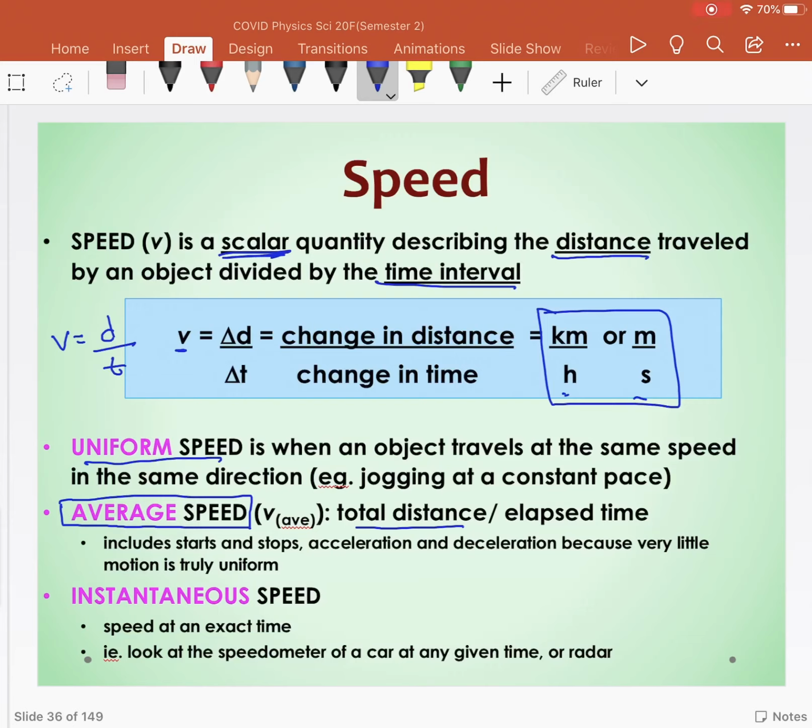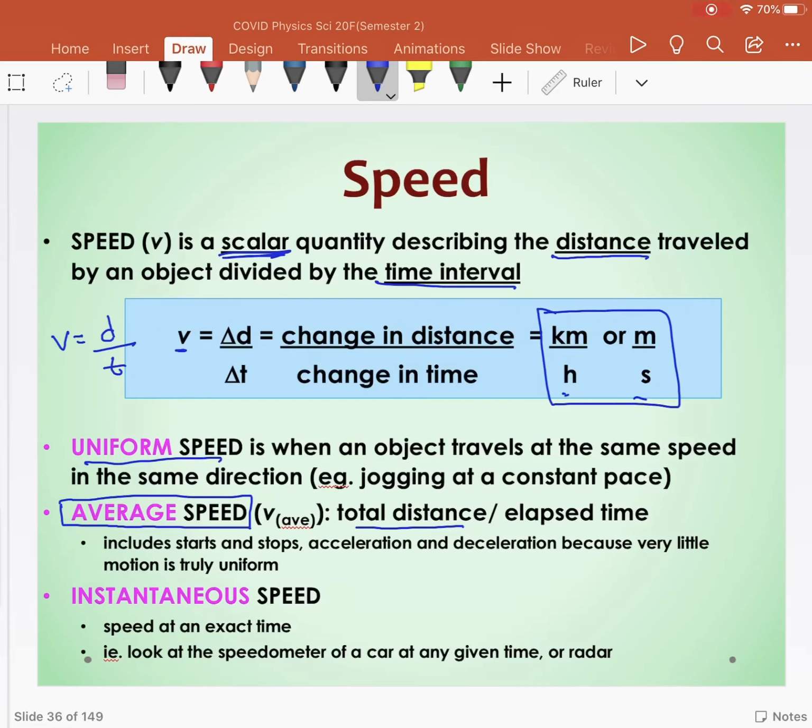Now, uniform speed is when an object is traveling at the same speed in the same direction for that period of time. This is like your cruise control, okay, where you're traveling at a steady, constant, uniform speed. Maybe think about jogging at a uniform speed or, like I said, cruise control and driving.